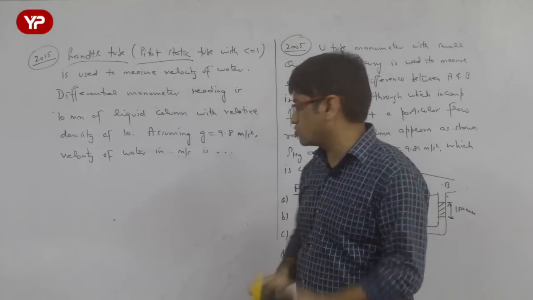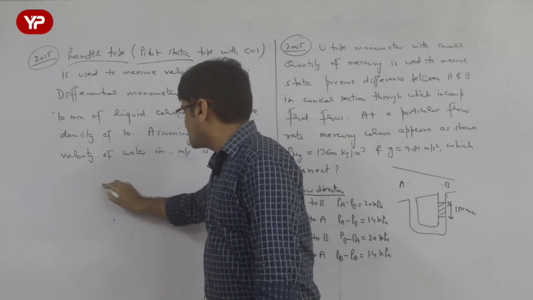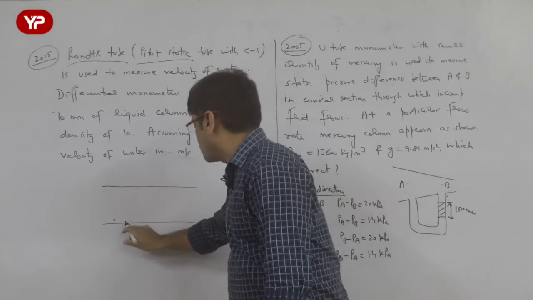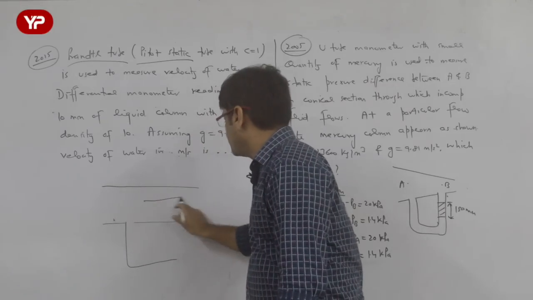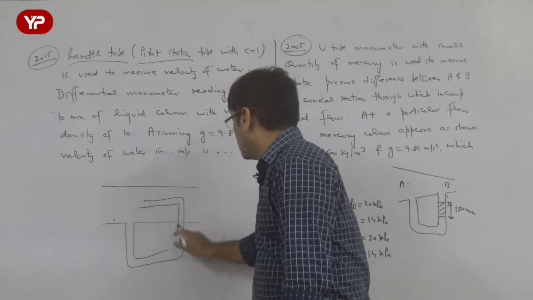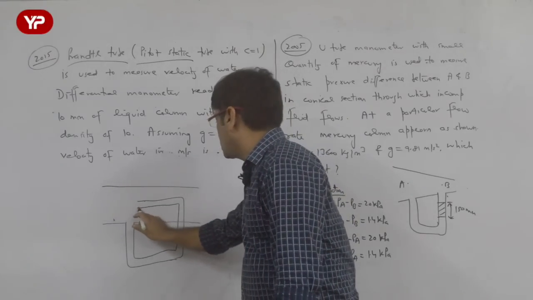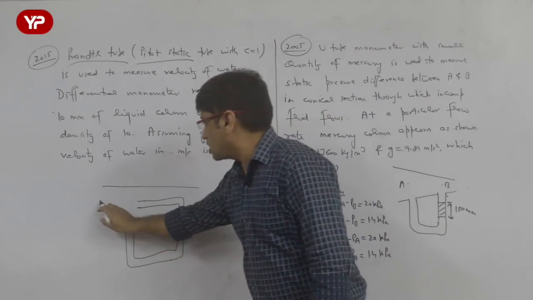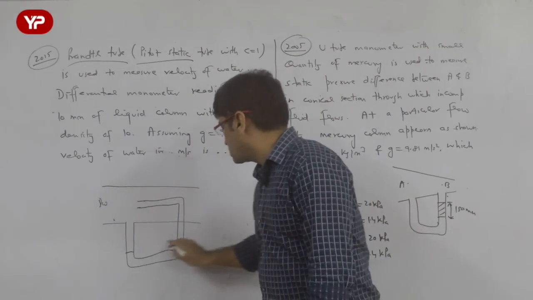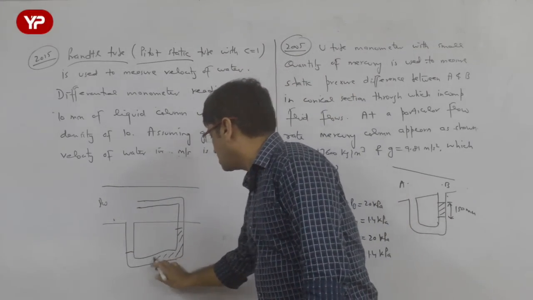Now let me tell you what this question is. This question is actually a pitot tube question, in which we have this particular situation. There is a pitot tube with an inverted U tube manometer. This is the water which is flowing with density rho W, and there is a fluid of specific gravity 10.